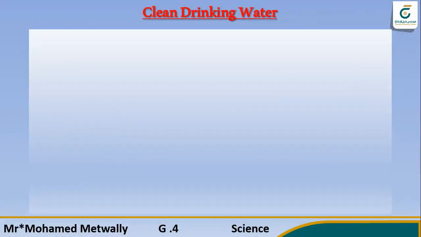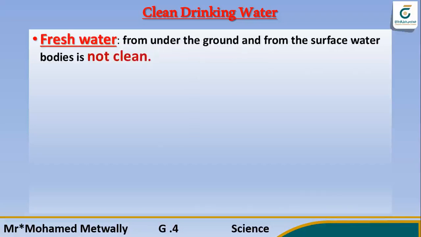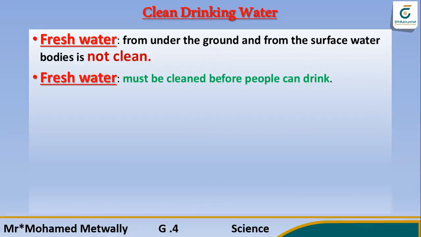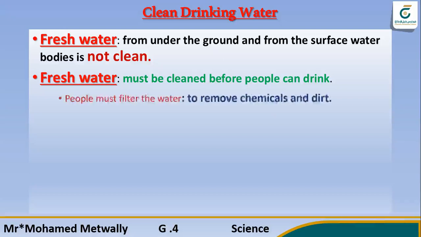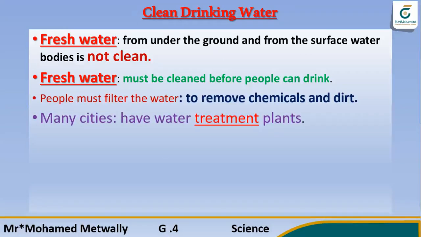Like we said, people need clean water for drinking and cooking and more activities, but fresh water from underground and from surface water bodies is not always clean. For example, water in lakes and rivers can contain germs.